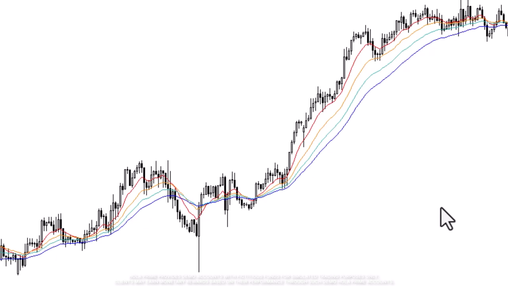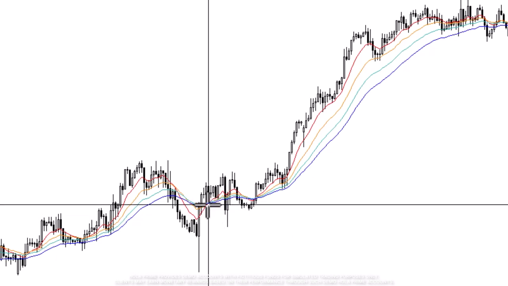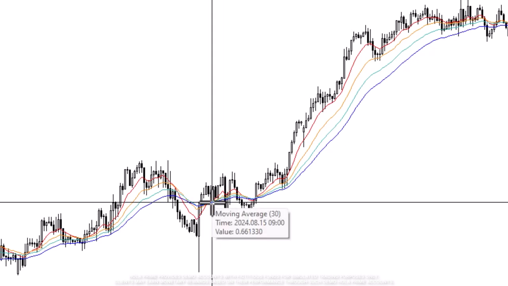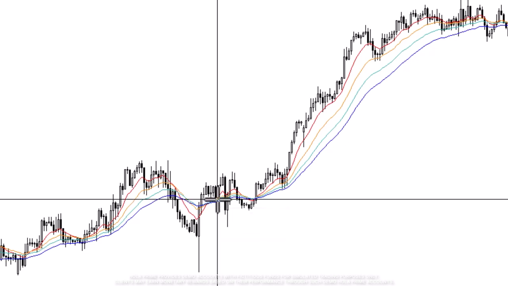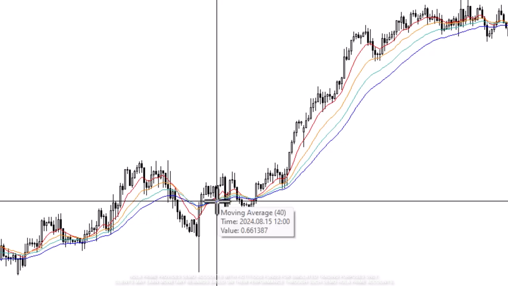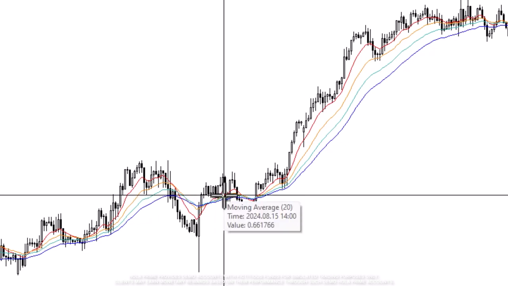Now, there are a couple of things to keep in mind. One of the problems that you can run into is that there are choppy times. For example, here at the 0.6613 level, about 24 hours before the trade that we just ran through, the 10 exponential moving average started to separate from the others, and you would have had a buy signal.